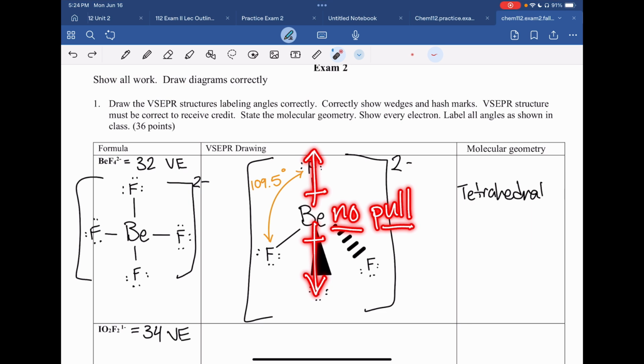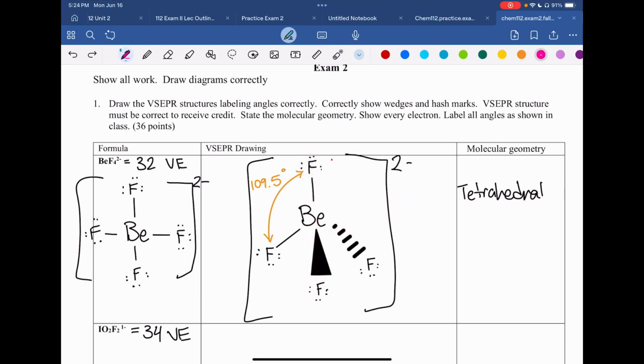Do you see what I did there? So if here are the vector arrows, there's no pull, it is non-polar. Didn't think about it that way, did ya?